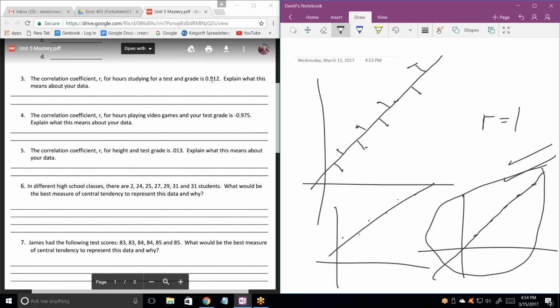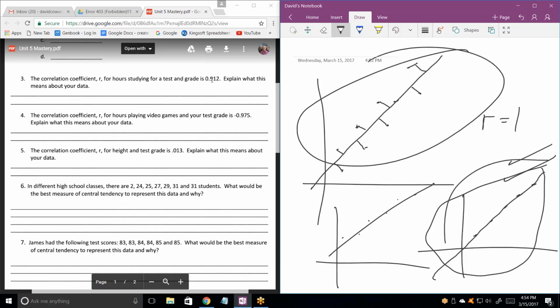That line is a better representation of those dots than this one is, but not as good as this. Perfect is 1, a correlation coefficient R of 1. Near perfect is 0.9.